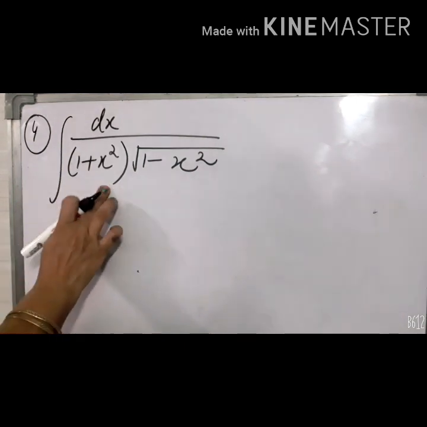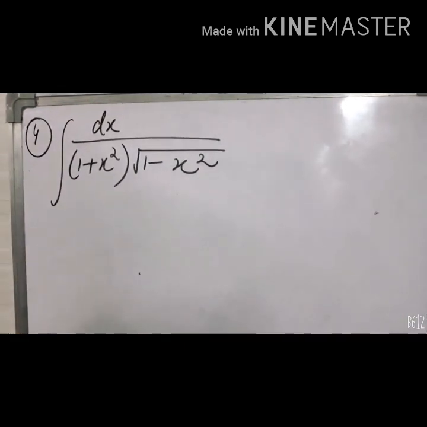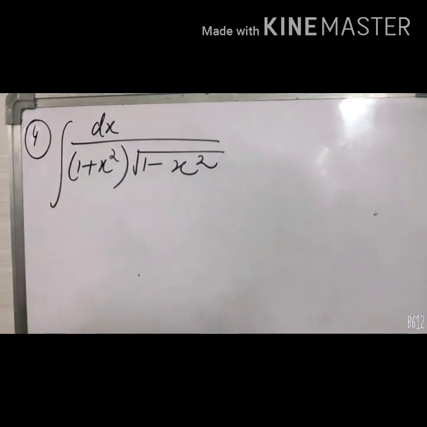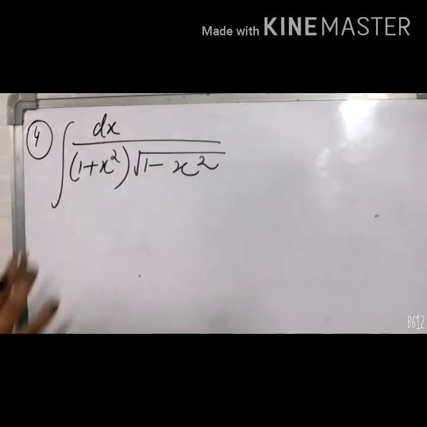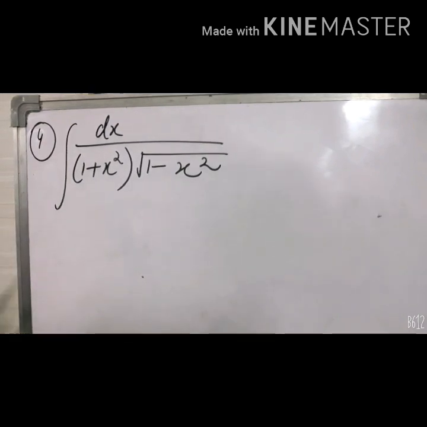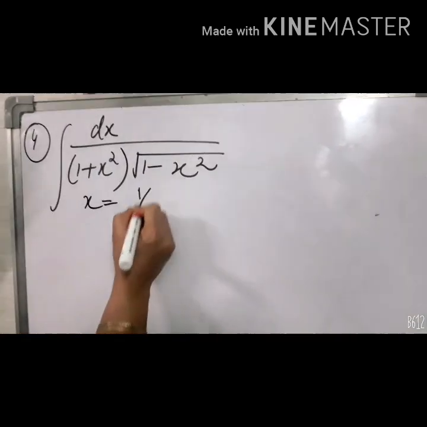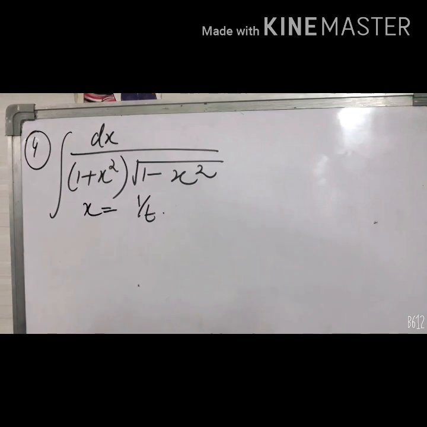This is the fourth question. dx by 1 plus x square under root of 1 minus x square. We can easily see that both are quadratic. So what was that quadratic form? In the quadratic form, we will take x as 1 by t.